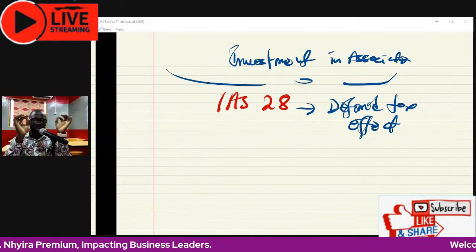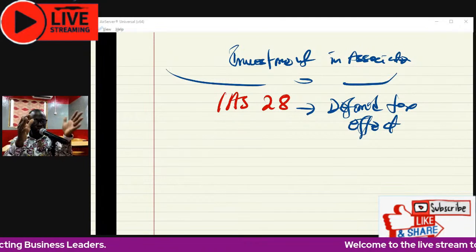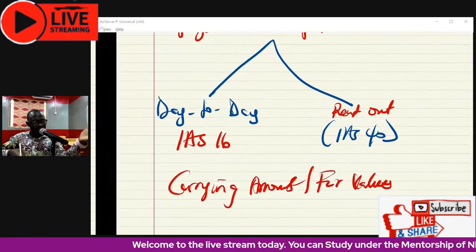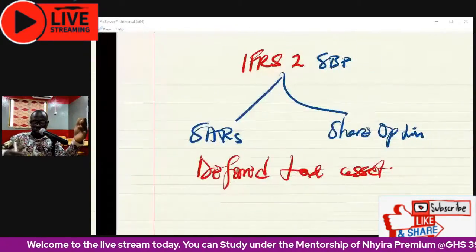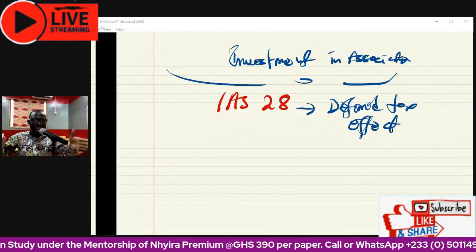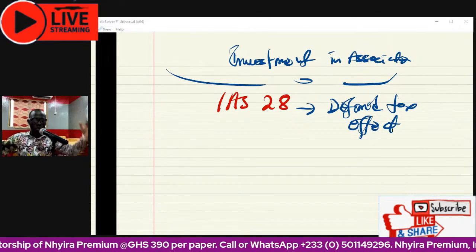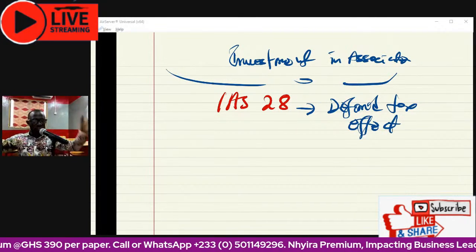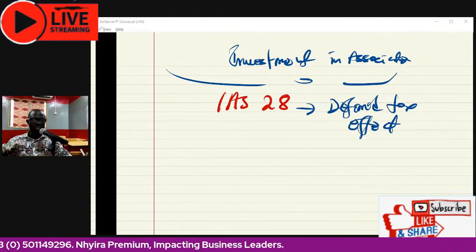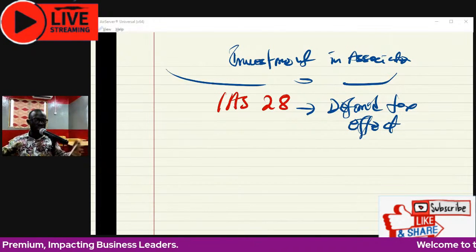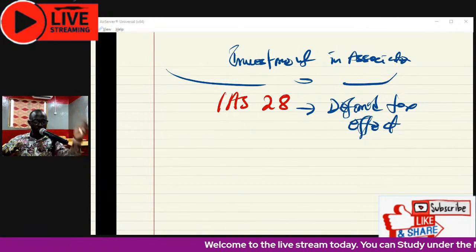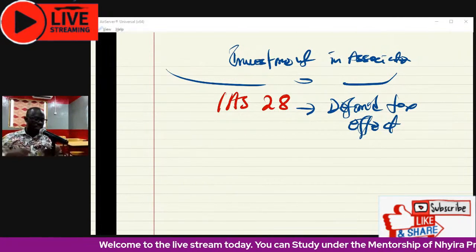Now, off the bat, I have just shown you that IAS 12 has a connection with IAS 16, IAS 40, IFRS 2, IAS 28. So you realize that again, IAS 12 does not work alone. Like I tell you all the time, you do not learn the standards on your own or alone. You must learn the standards in conjunction with the other standards as stated in it, so that you'll be able to understand and treat the standards better.